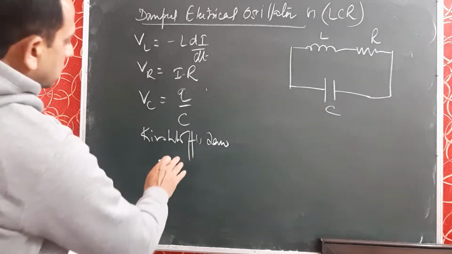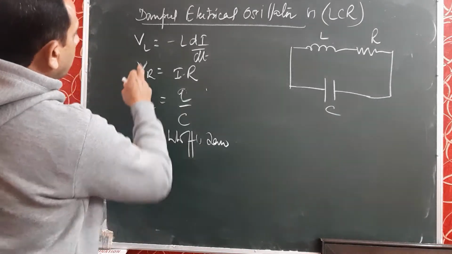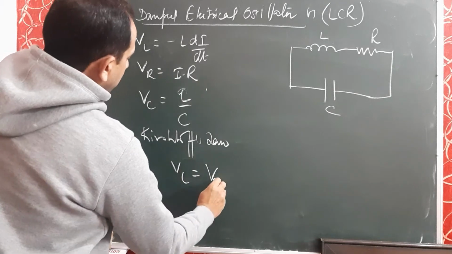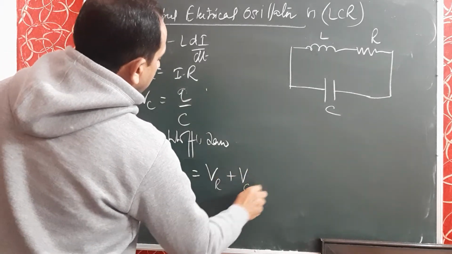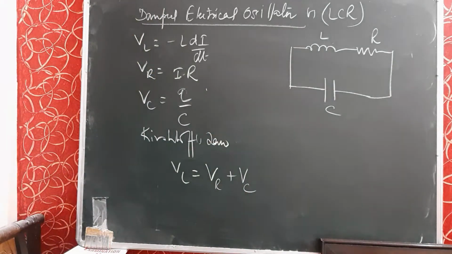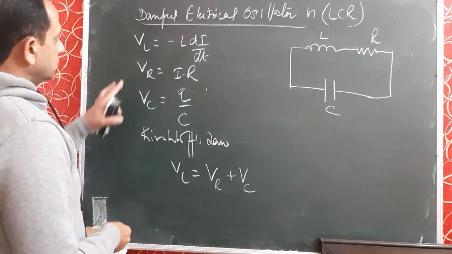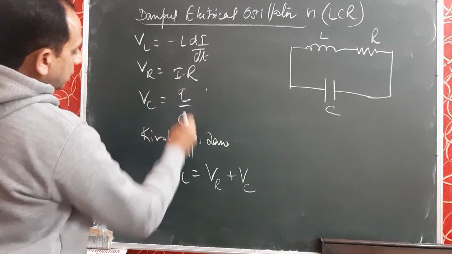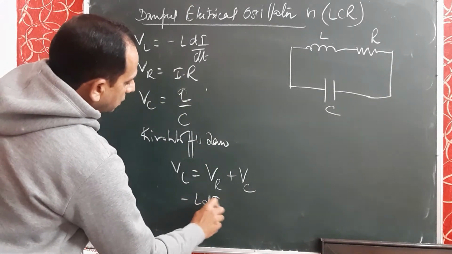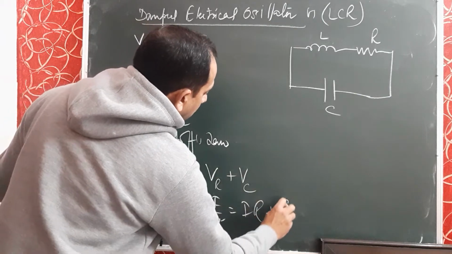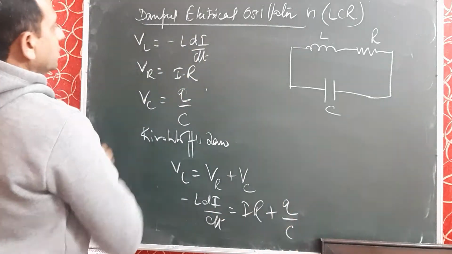So in this case, the voltage across the inductor VL is equal to the voltage across the resistor plus the voltage across the capacitor. So you may put in the values of these voltages: VL is minus L di upon dt, VR is IR, and VC is Q by C.